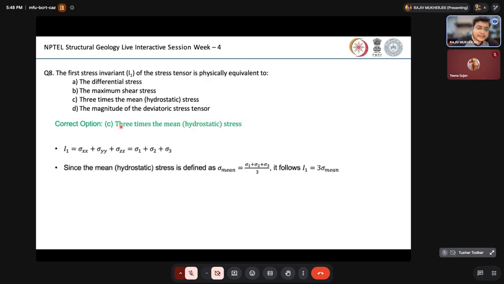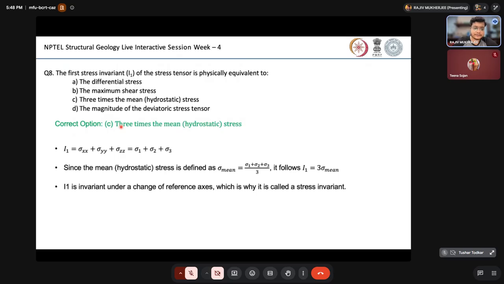Since the mean or hydrostatic stress is defined as the average of these three principal stresses, it follows that the first invariant is 3 times the mean hydrostatic stress.